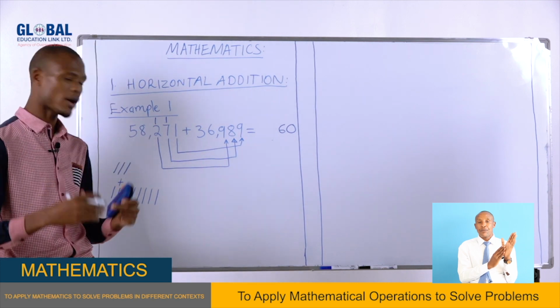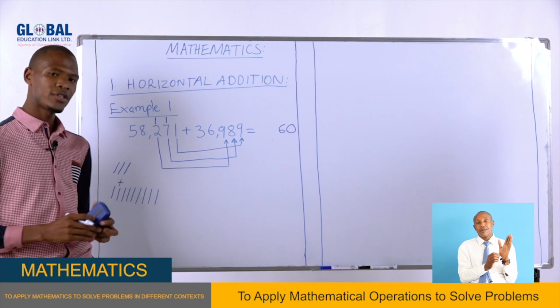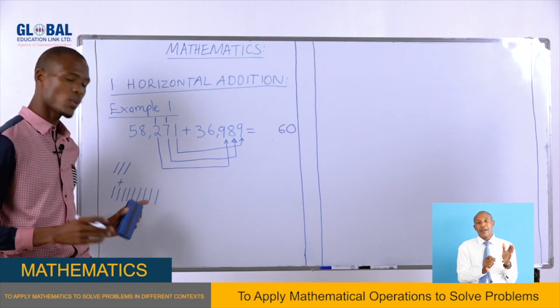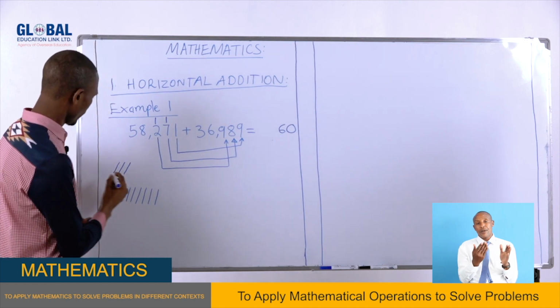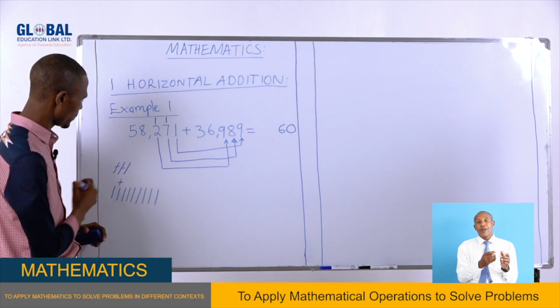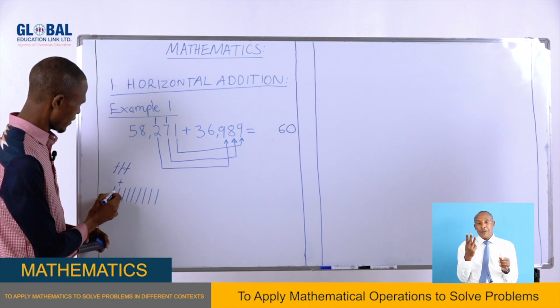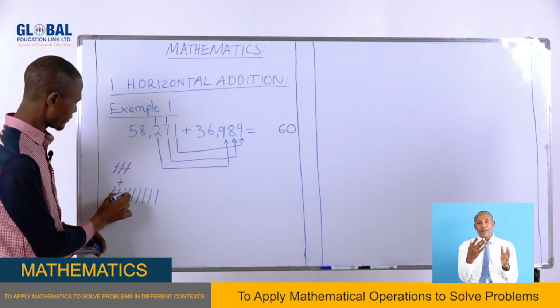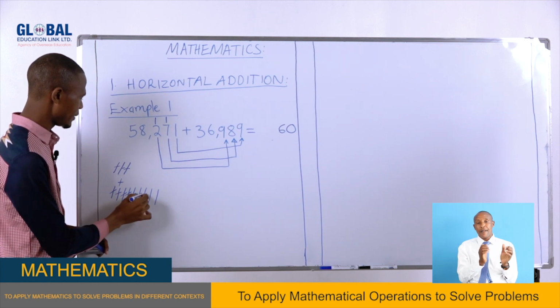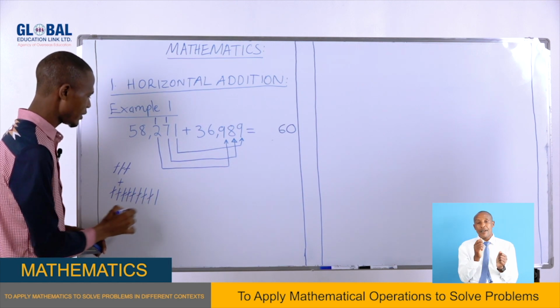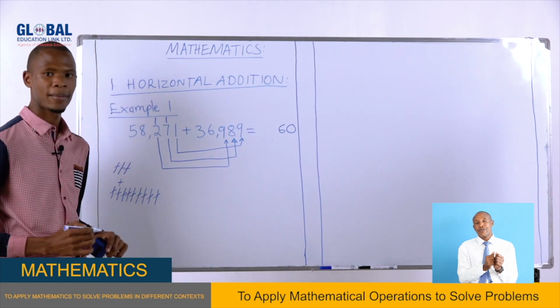Dear pupils, after writing the tallies to represent these numbers, we need to count them. So we have 1, 2, 3, 4, 5, 6, 7, 8, 9, 10, 11, 12.